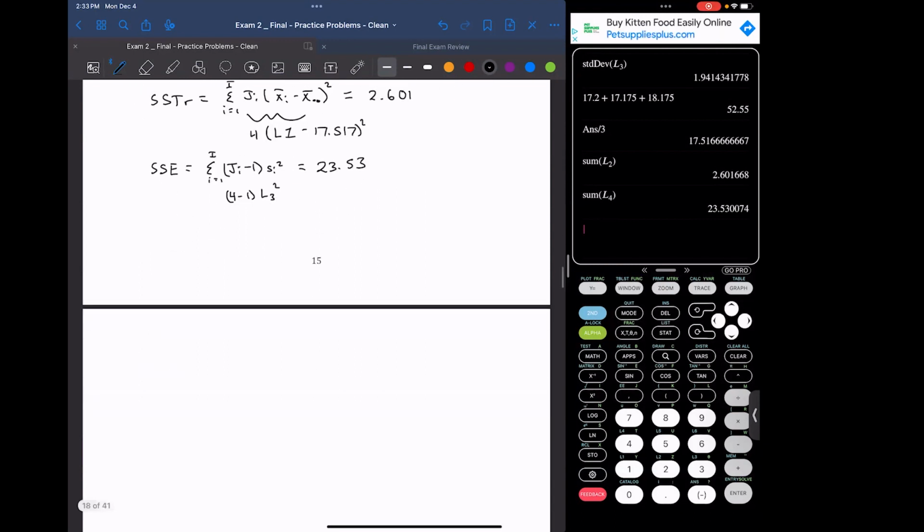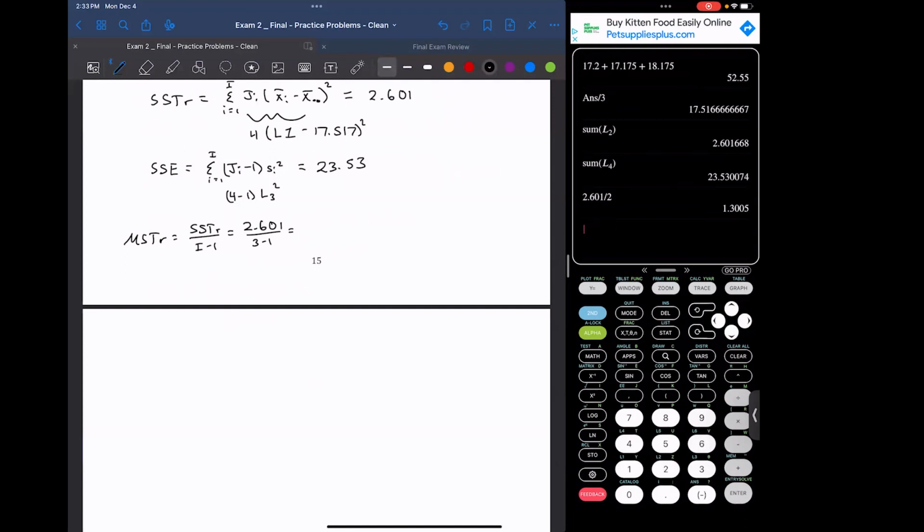All right. Now we have to normalize these. So MSTR, that is equal to our SSTR divided by I minus 1. So that is 2.601 divided by I minus 1, which is 2. So 2.601 divided by 2.